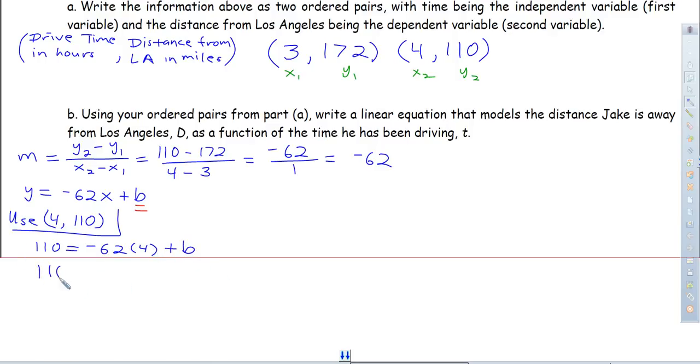So this will give us 110 equals negative 62 times 4. What's that going to give us? If it helps, remember, just go off to the side and calculate that out. 2 times 4 is 8. 4 times 6 is 24. So this will give us negative 248 plus b. And solving for b, let's move this over.